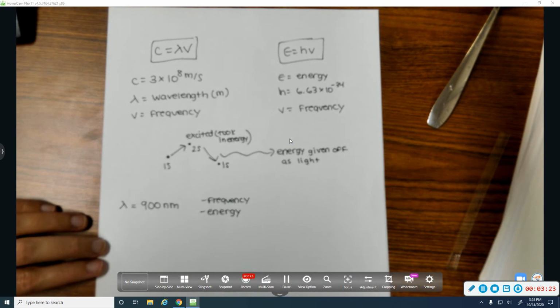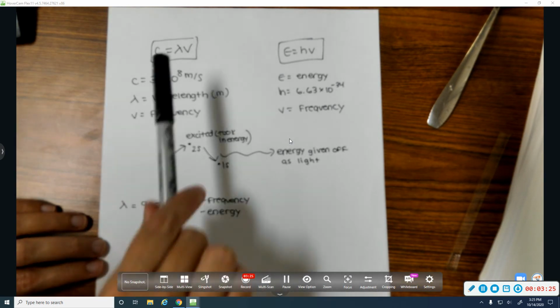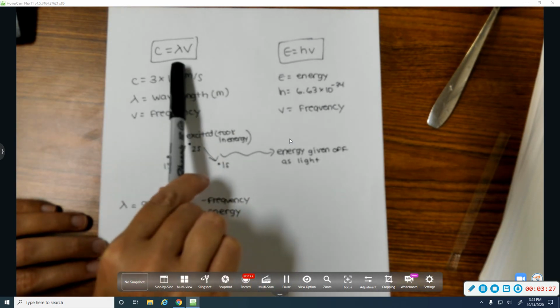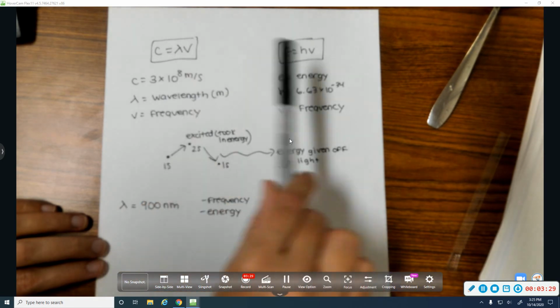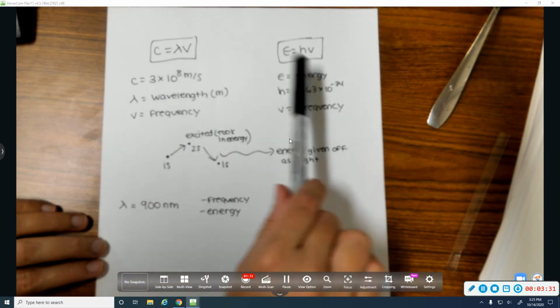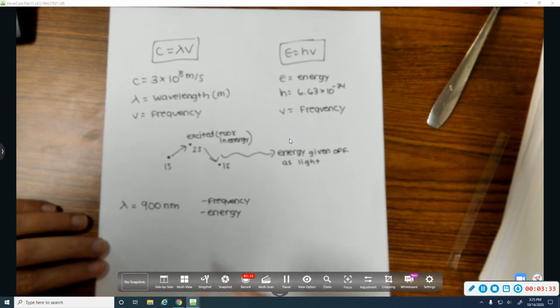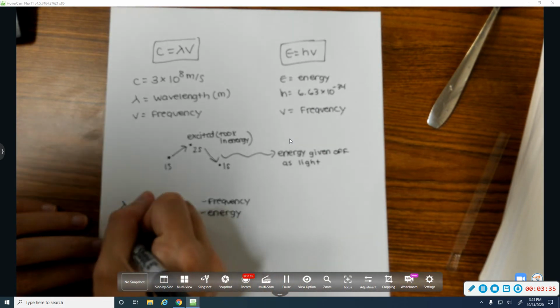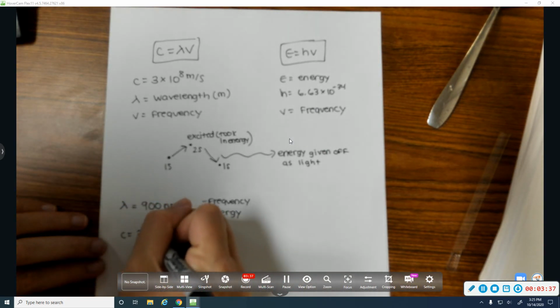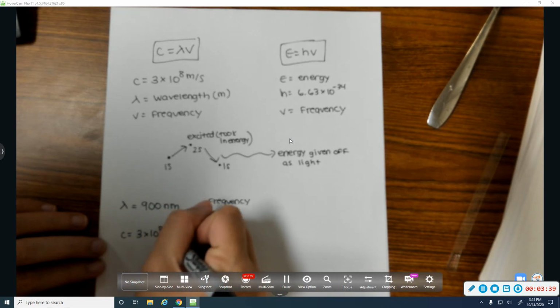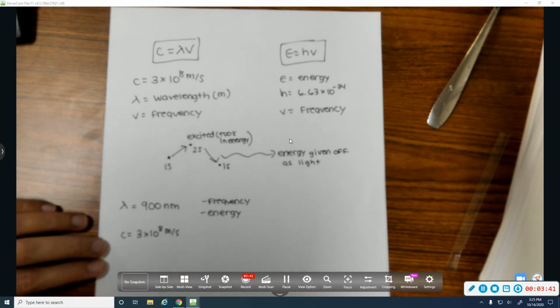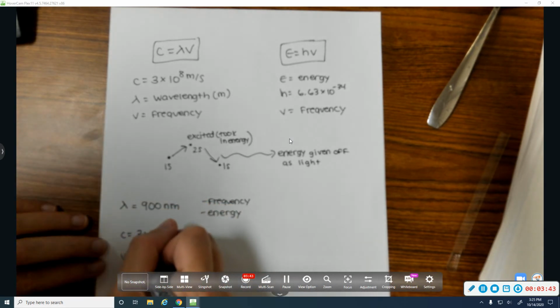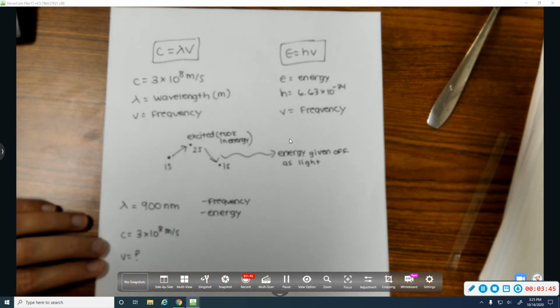We're going to have to use the equation c equals lambda v because that's the only equation that has wavelength in it. Energy does not. And so I have my wavelength. I know what c is. c is 3 times 10 to the 8 meters per second. And I'm looking for frequency, which is v. That is my unknown.